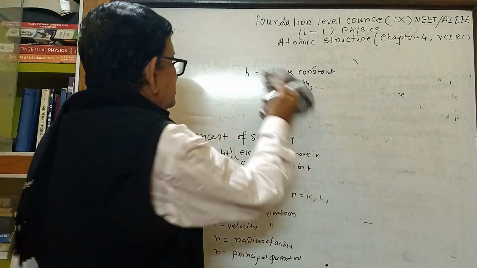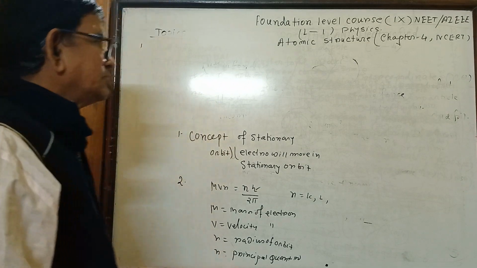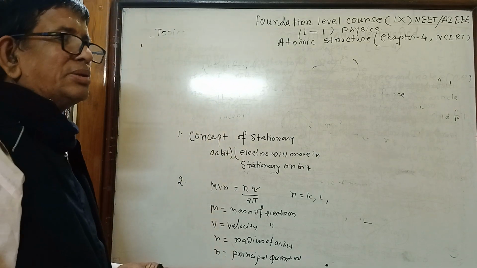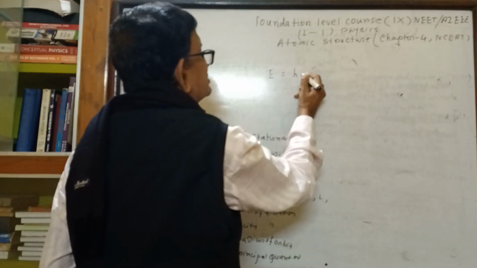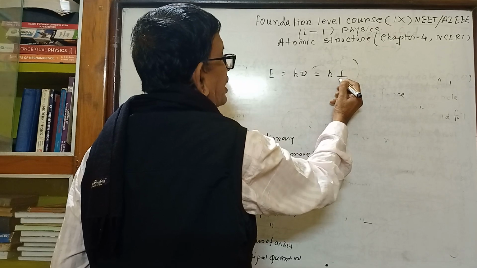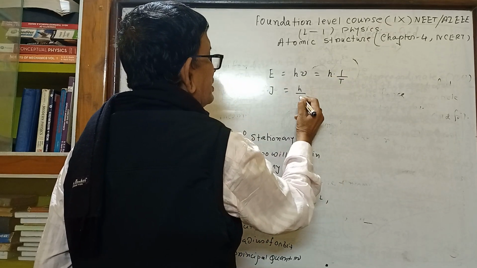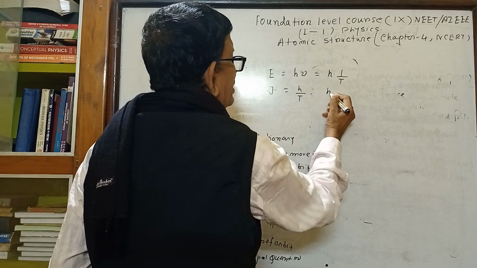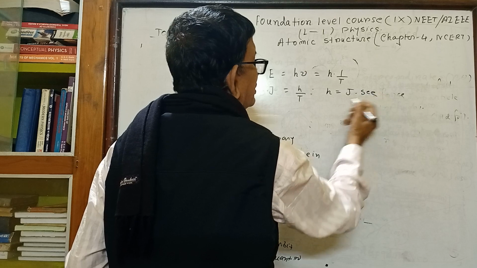Okay. I am telling you this from the numerical point of view. Planck constant: E equals h nu equals h times 1 by T, and E is in joule. So h equals joule times second, joule second.